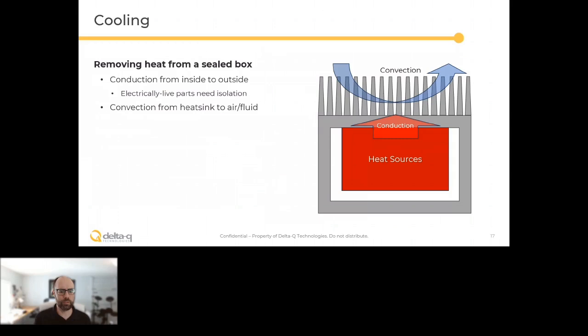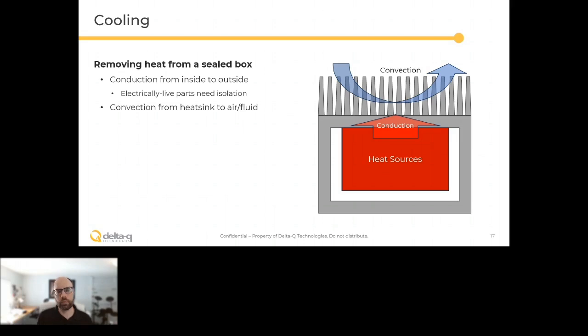So you have heat sources in a sealed box, and the first thing you have to do is get the heat from the inside to the outside, and that is through conduction. And that's complicated by the fact that your heat sources are electrically live, and so you can't just connect them to the case. You have to provide some sort of isolation. Once you've got the heat outside, now you have convection, whether it's passive or fan cooling, or it's a liquid cold plate. You're transferring heat by convection to some medium.